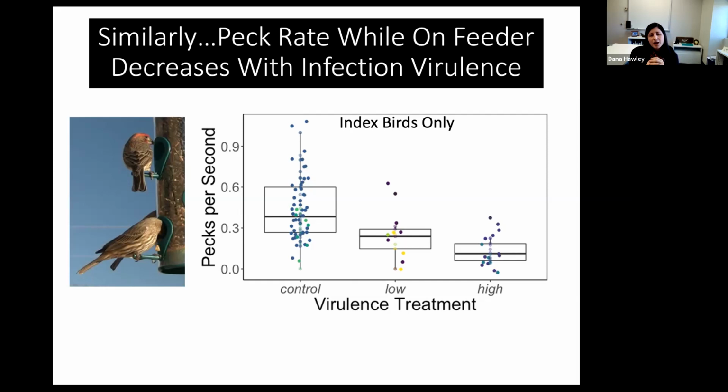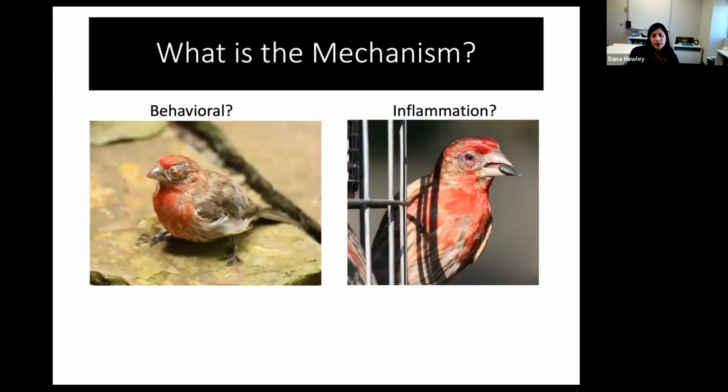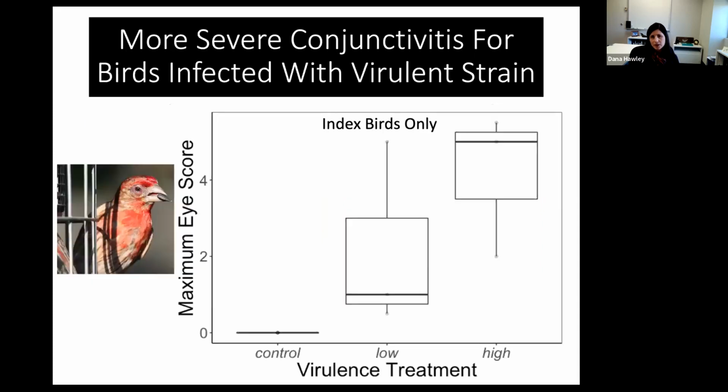So from all of the behavioral data in combination, it doesn't look like behavior is really underlying the higher spreadability from these index birds, but it's difficult for us to tease apart how these particular behaviors each contribute to spreadability. Right now, we're hypothesizing that the more likely mechanism is simply the differences in inflammation.